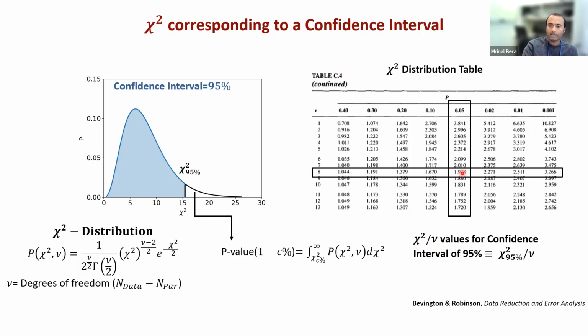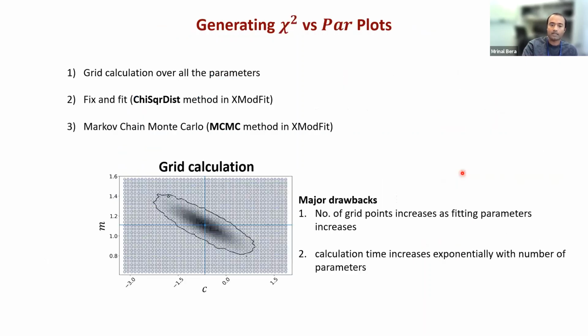Once you have this chi-square value, the next thing you need is to generate the chi-square versus parameter plots. There are various ways of doing it. The first way you can think of is doing a grid calculation. You vary over all the C and M values, calculate the chi-square from the data compared with the simulation, and then generate this kind of plot.